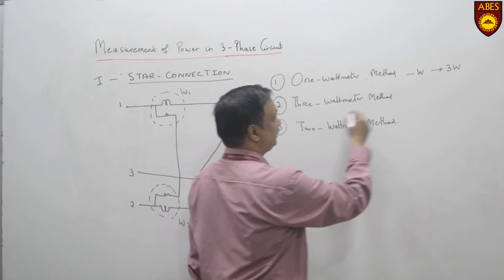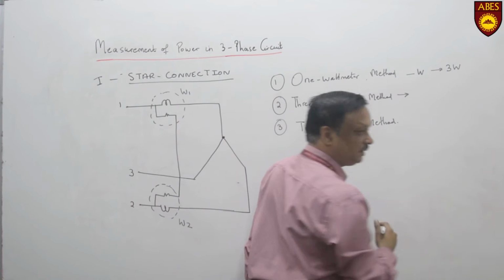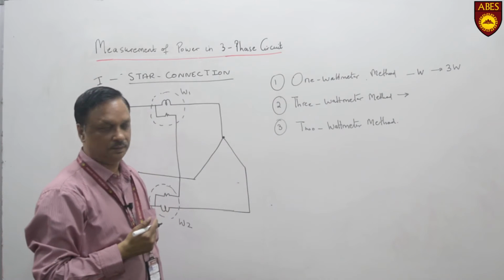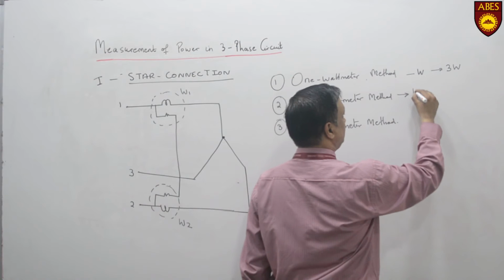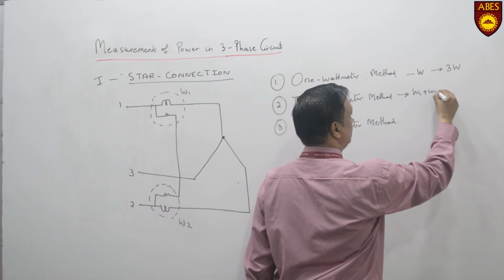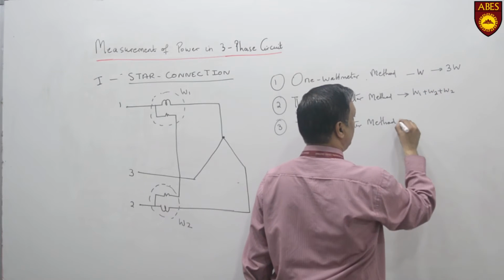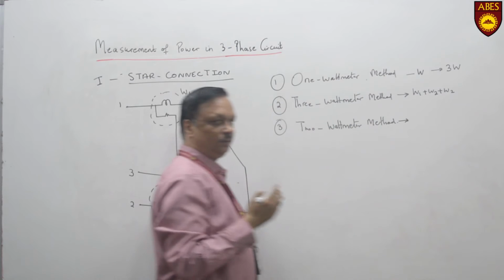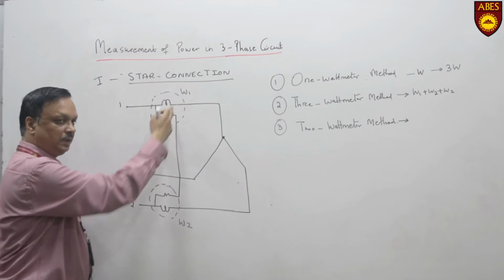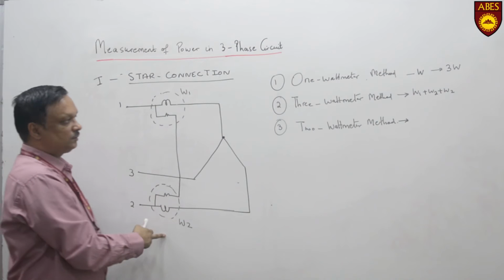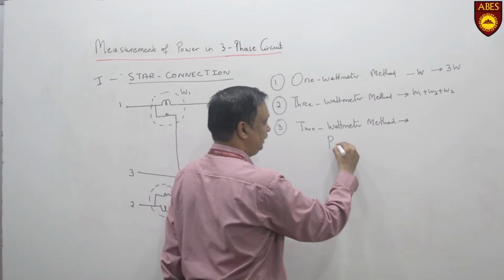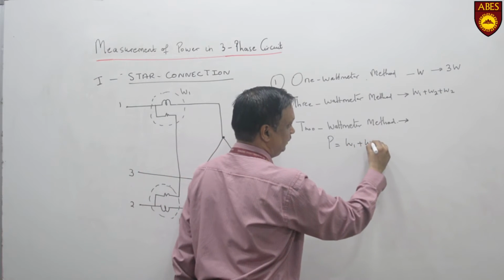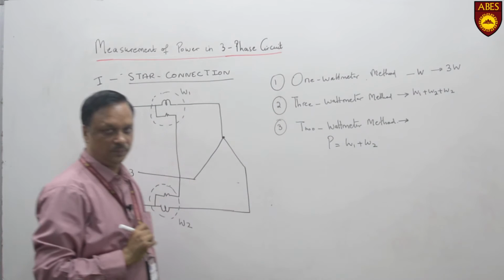In case of 3 wattmeter method, we have 3 wattmeters connected in different phases, so the total power is W1 plus W2 plus W3. But in 2 wattmeter method, we are only utilizing 2 wattmeters, W1 and W2, so the total power will be W1 plus W2. Now how is this possible?